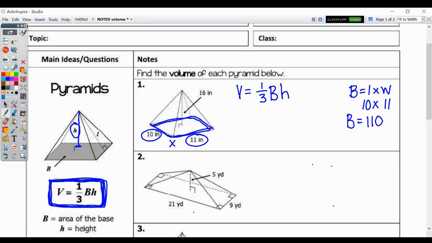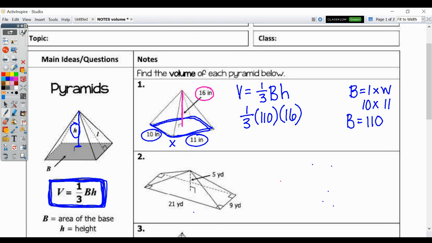Okay? So I'm going to substitute these values in. I'm going to bring down the 1/3. My capital B, I've just found out, is 110. And then my height, from the very bottom to the tip top point, is going to be 16. So where I have an H, I'm going to substitute in a 16.